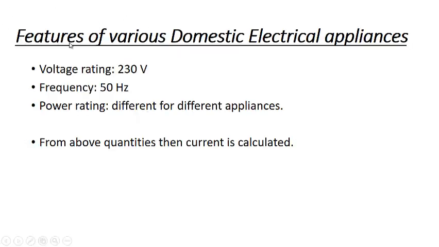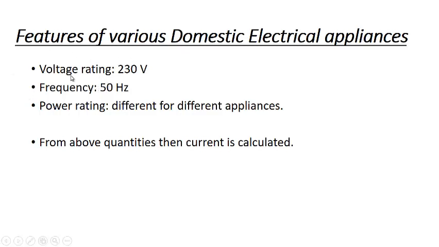Now let us come to the features of various domestic electrical appliances. The feature is their electrical rating. There are different ratings, but we will only be considering the electrical rating. There will usually be three electrical ratings given for every electrical appliance.